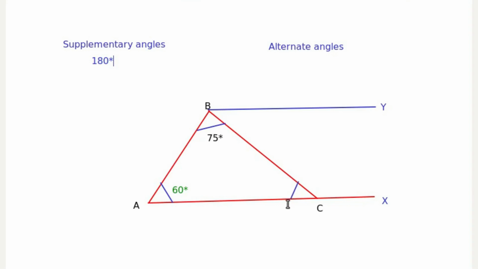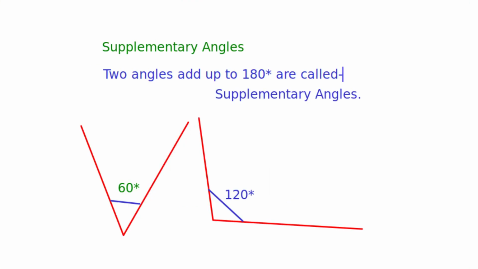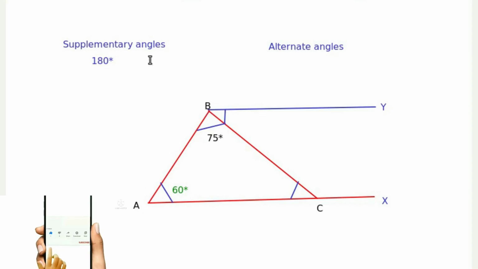Okay. So when you add this angle A and angle B, these two angles are supplementary angles. We have studied this earlier, that angle A 60 degrees and angle B, including this one, that is CBY, these two angles add up to 180 degrees, because these two angles are supplementary angles.